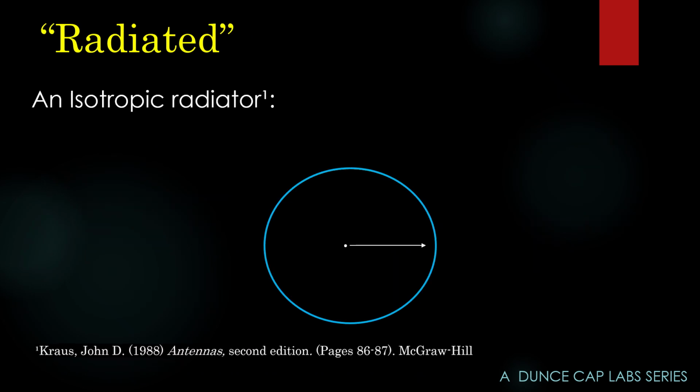Let's take a look at something. When we talk about antenna efficiency, we've got to talk about something else, and that is antenna pattern. The isotropic radiator is a mathematical invention of physics. It's a model. It's not real.